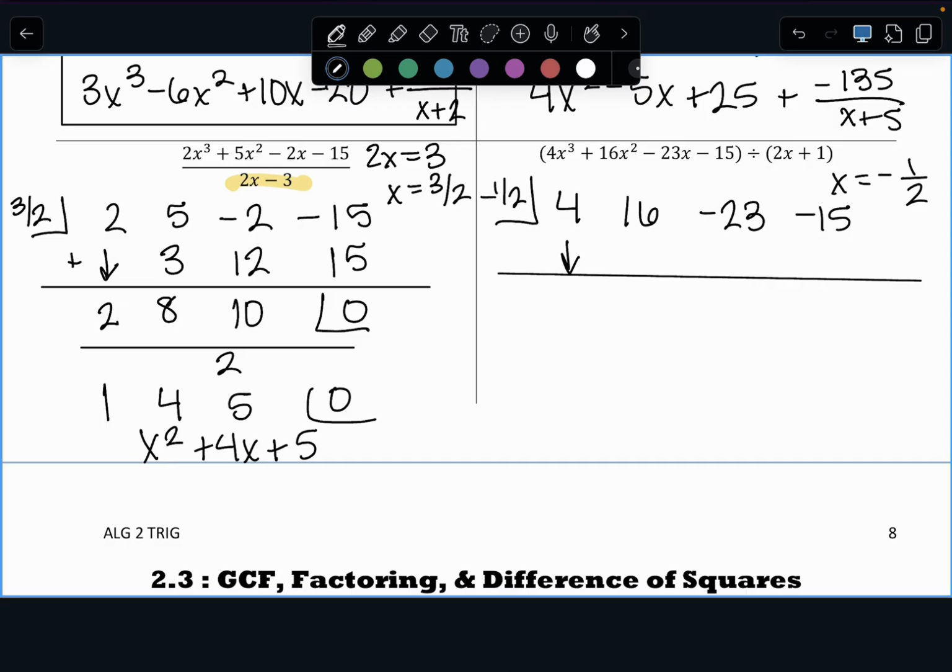Okay? So we drag down the 4. We cancel things. 4 divided by 2. 2 times negative 1 is negative 2. We add. We get 14. We multiply 14 divided by 2. 7, and we make it negative.